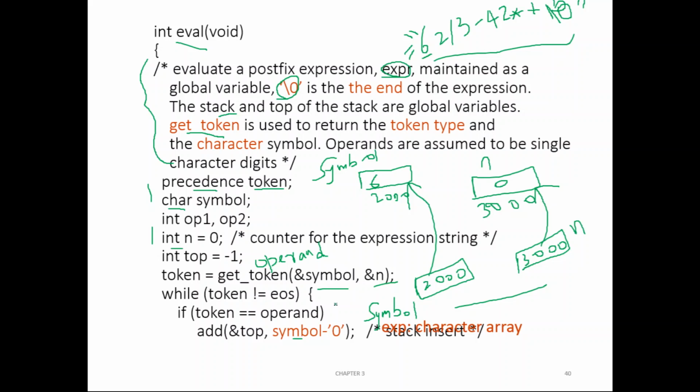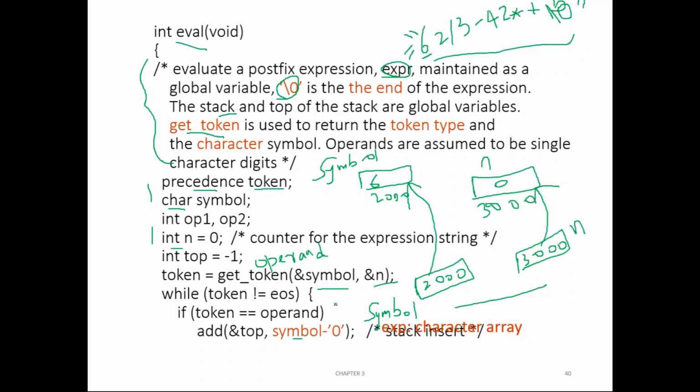Character 0 represents the ASCII value of 0. What is the ASCII value of 0? I think the ASCII value of 0 is 63 or something. Whatever the ASCII value of the character 6 is will be subtracted with the ASCII value of 0.